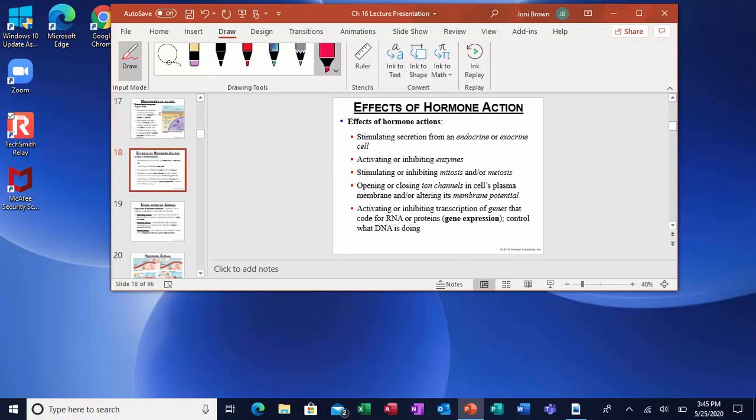They open and close ion channels in the cell's membrane so they can change membrane potential, if you remember what that was from 201 with your muscle cells and your nervous cells. And they can affect gene expression. They can control what DNA is doing. So those are all actions of your hormones.